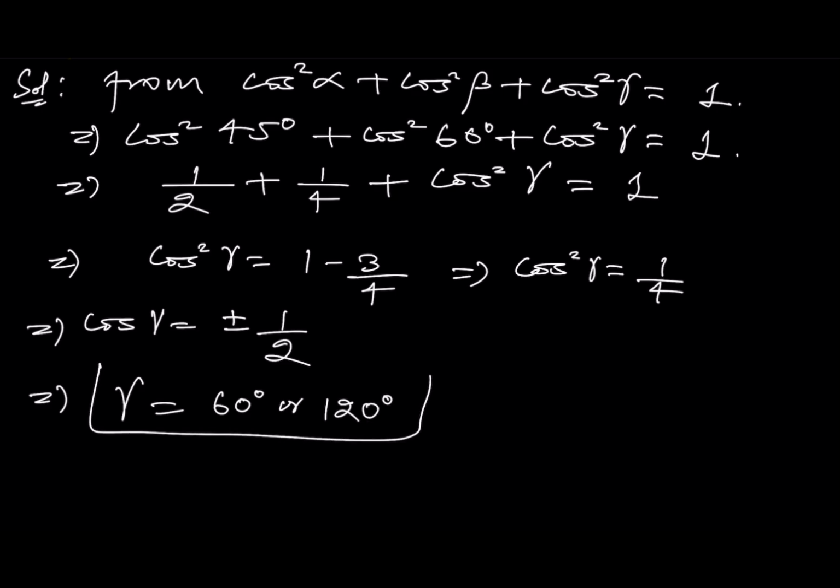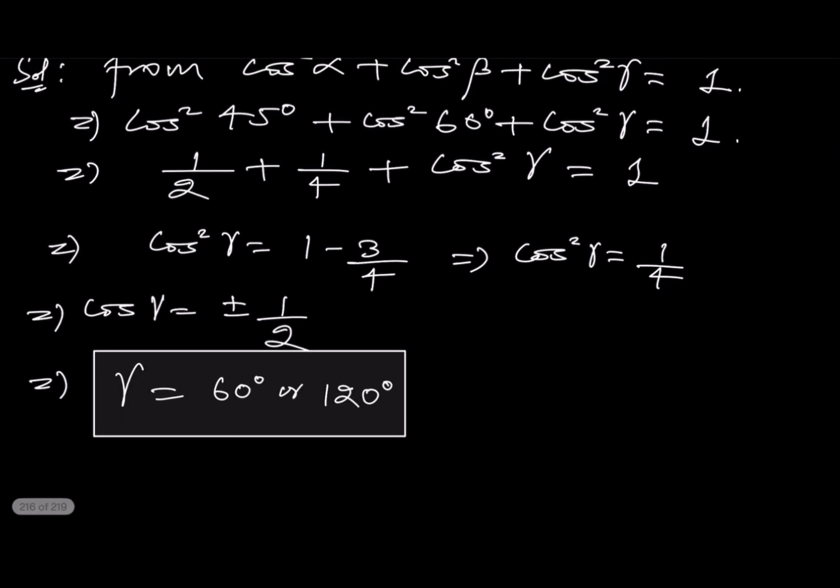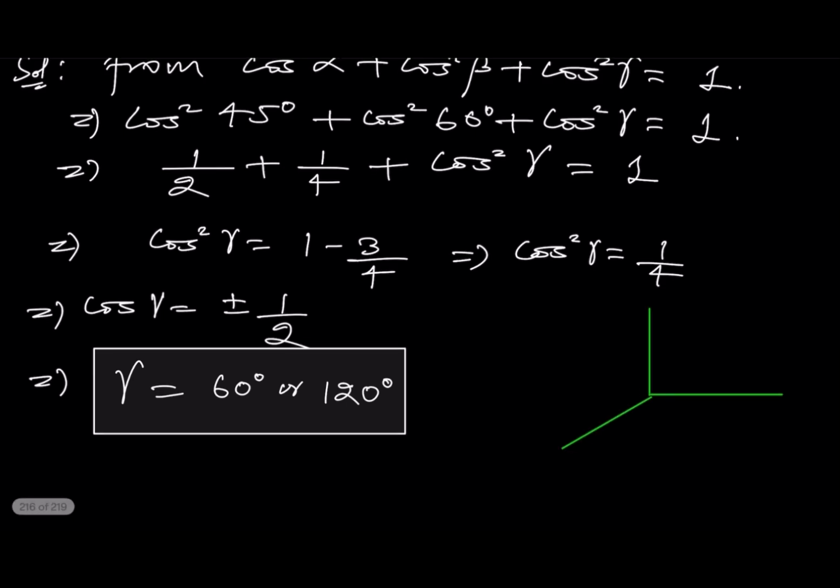So how can two values for gamma be possible? Let us understand this by drawing a figure. Suppose this is a vector OP, right? This is x, this is y, and this is z.